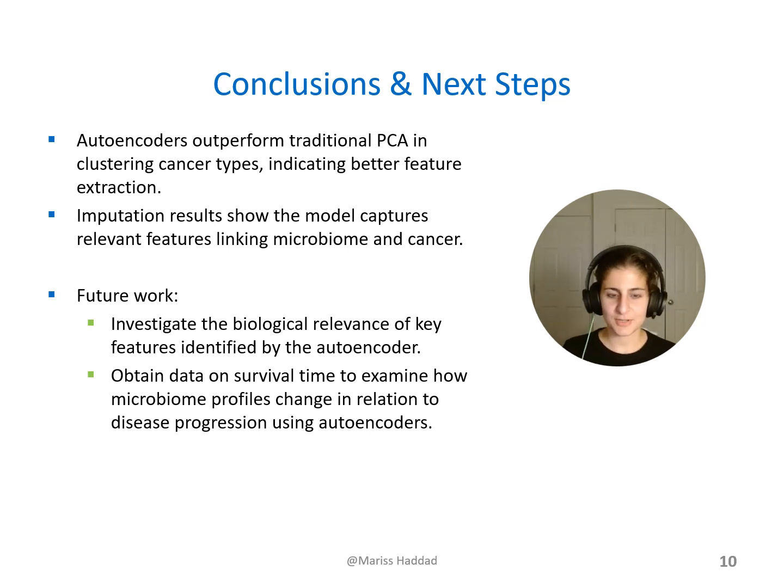In terms of future work, I'm interested in investigating the biological relevance of some of these key features that are being captured by the autoencoder but not being captured by the PCA, because this brings us a step closer to clinical relevance.